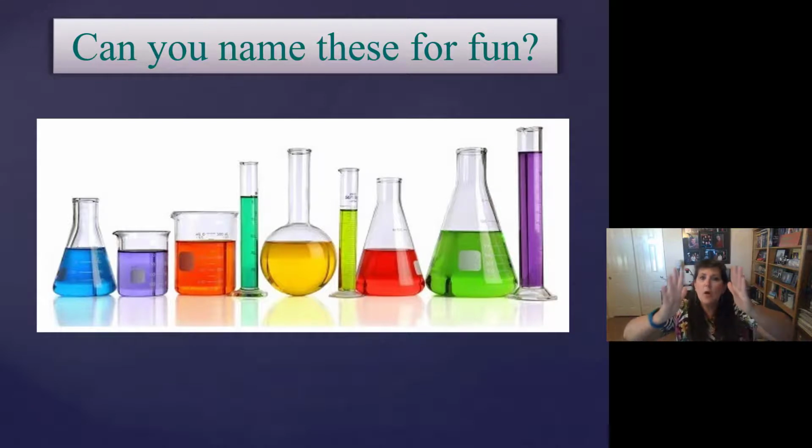Now, it narrows inwards, so it's a flask, and it has a round bottom, so it's a round bottom flask. Then we have a yellow liquid in a skinny, tall, graduated cylinder, yes. Then we have a red and a green liquid in something that narrows, so it is a flask, an Erlenmeyer flask. And the last one right here in purple, what's that? Graduated cylinder. Good job.